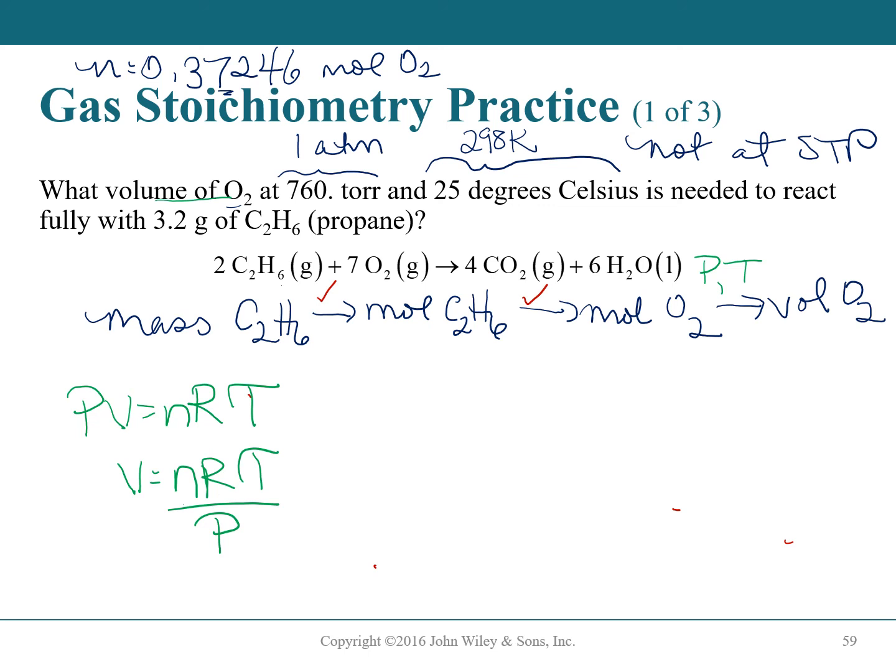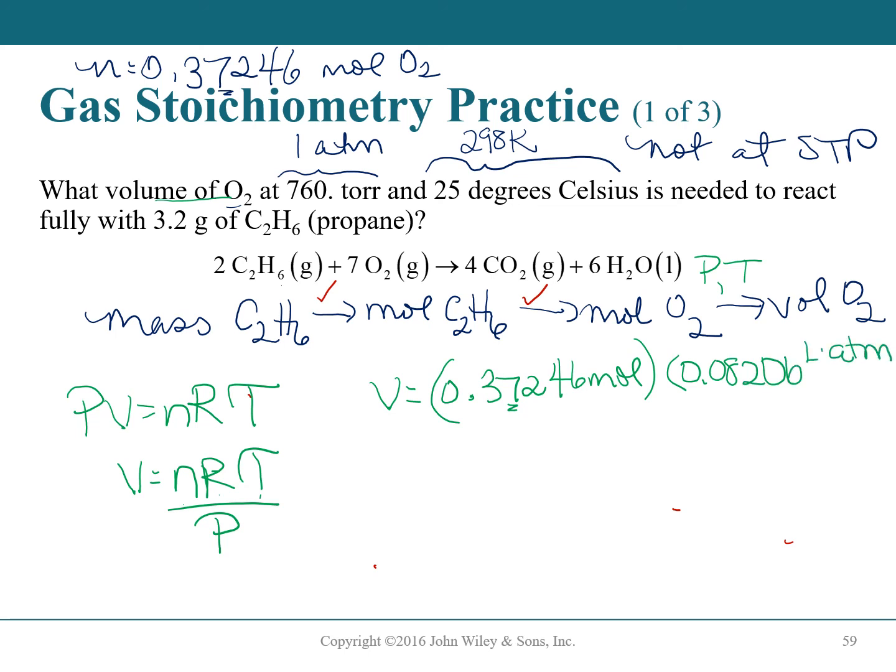We know n, R, T we said was 298 Kelvin, and P at 760 torr is 1 atmosphere, and this is going to be 3 significant figures. So volume is equal to 0.37246 moles of O2. Remember, that's going to be 2 significant figures, times R, 0.08206 liter atmospheres. Let me just move this over a little, give myself a little more space.